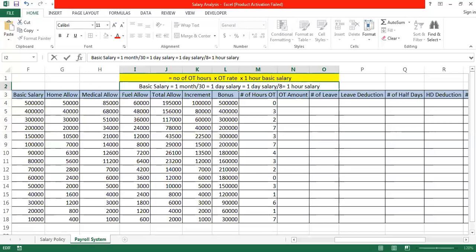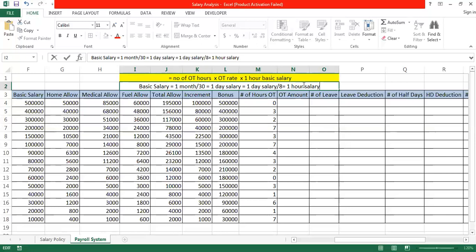So what we did: we divided basic salary by 30, it becomes 1 day salary, and further we divided it by 8, so it becomes 1 hour's basic salary. Whatever the 1 hour basic salary of the employee is, multiply by how many hours he will do overtime, and multiply by the overtime rate.